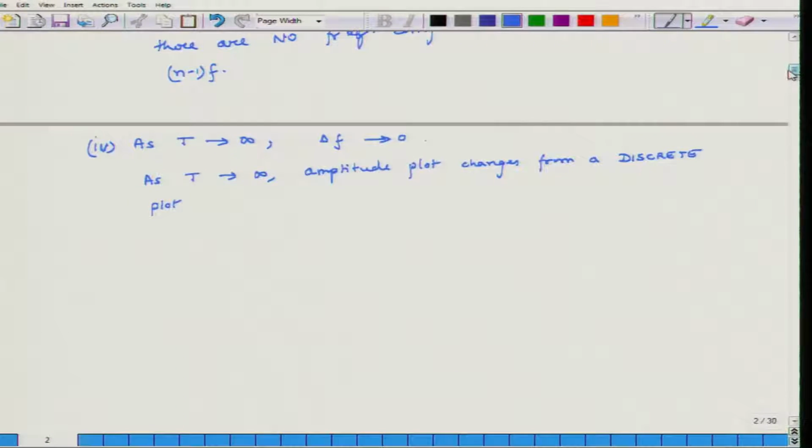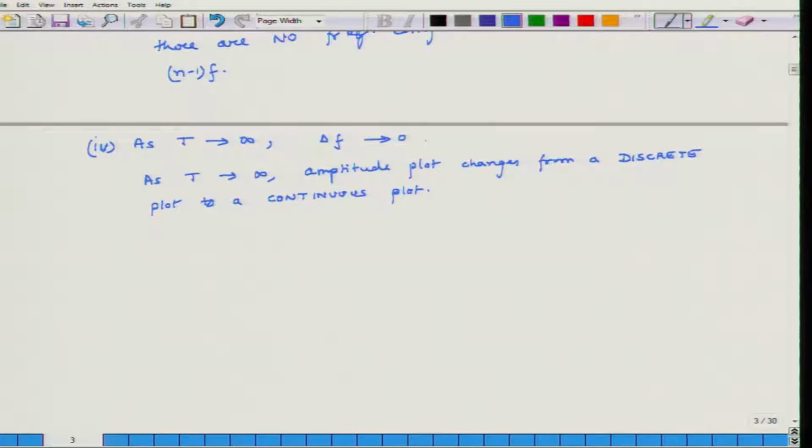But as T becomes infinite, this amplitude plot changes from a discrete plot to a continuous plot. So, this is an important thing to understand, right.